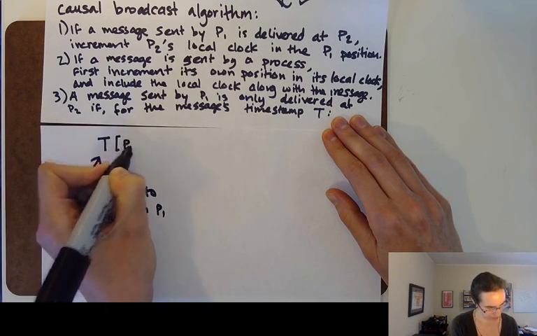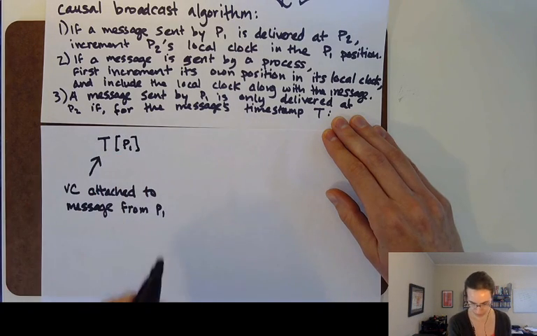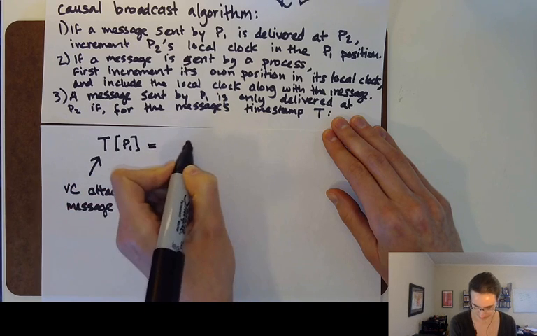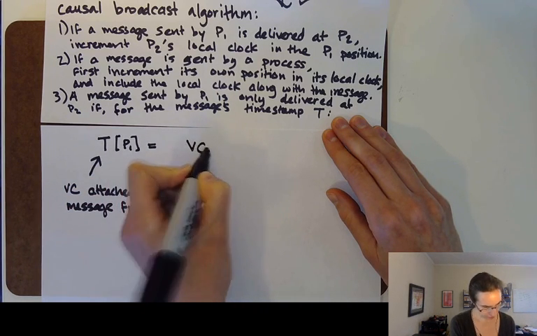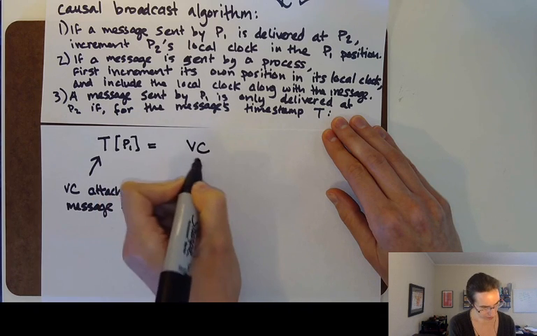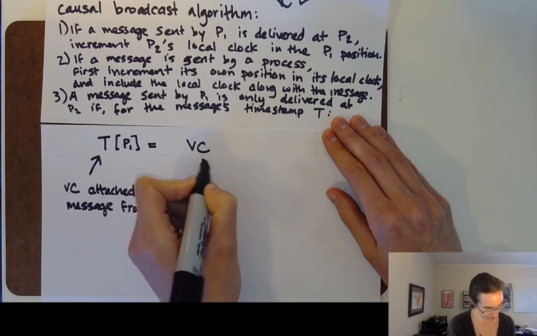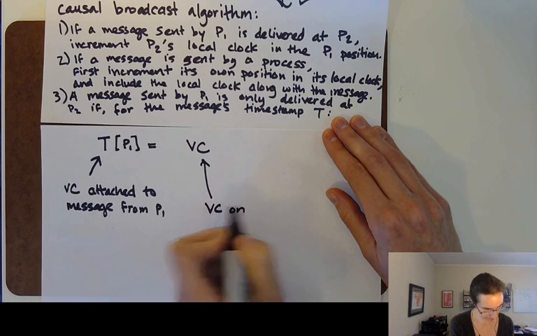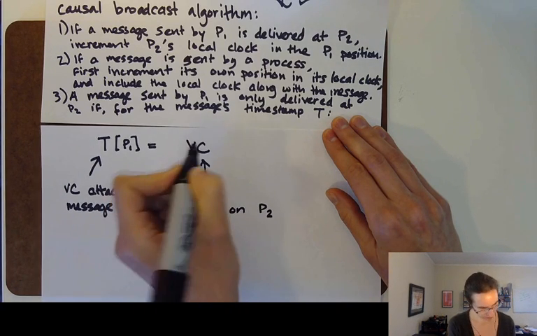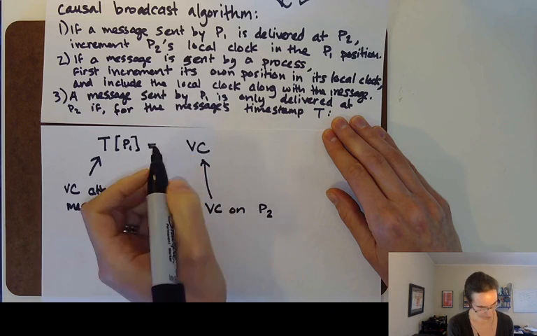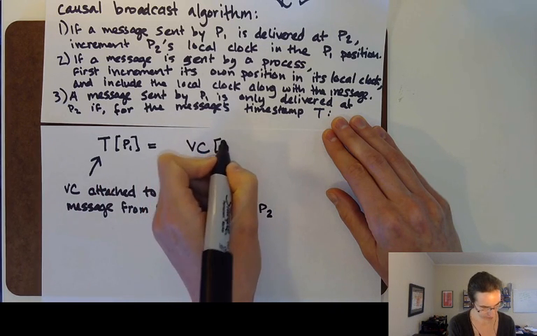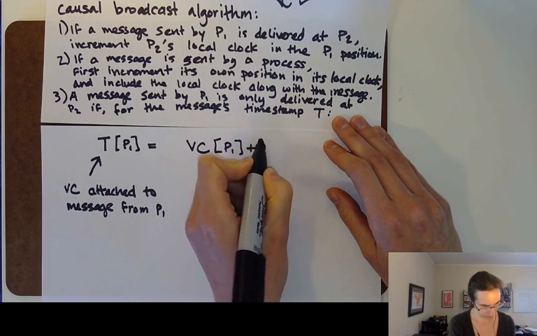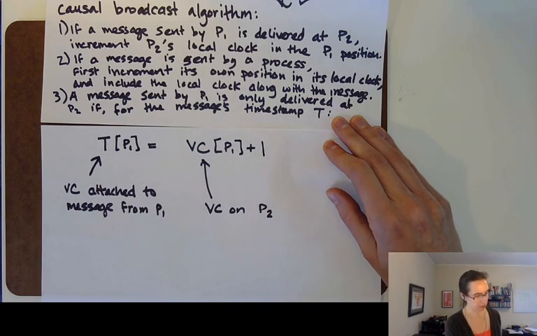So in the P1 position on that vector clock, it has to be the case that the vector clock on the process that we're sending to, that one has to be one less.